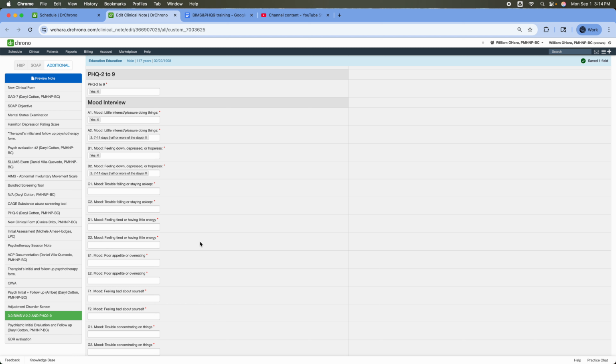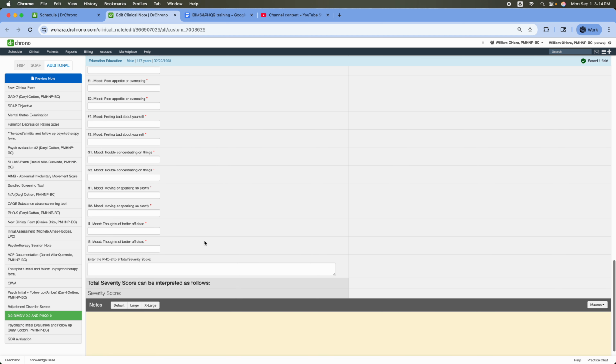Most of the facilities that you'll be in want you to complete the PHQ 2 to 9 as best you can, regardless of the situation. But again, when you end up in a situation where you're unable, or you feel like you're having a really difficult time completing the PHQ 2 to 9 because of the patient's mental status or lack thereof, give me a call and we can walk through it together.